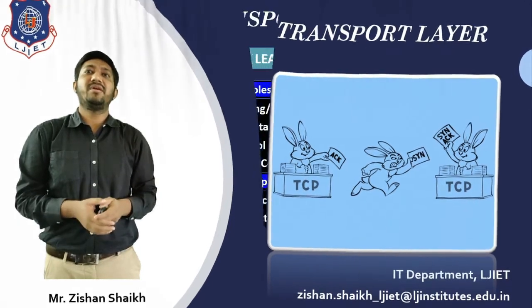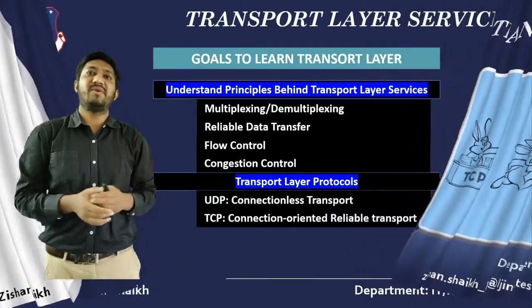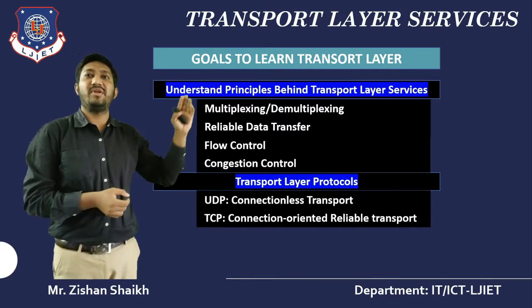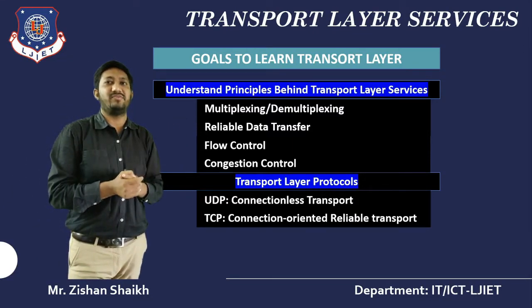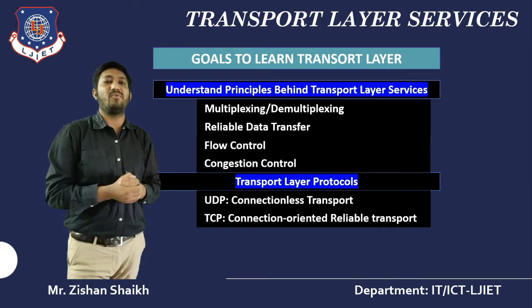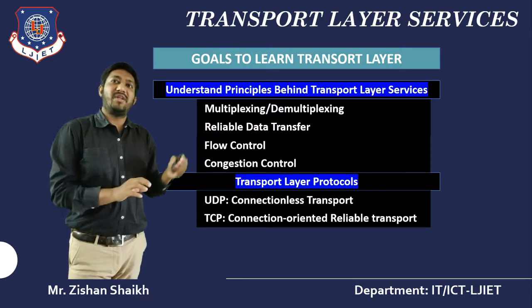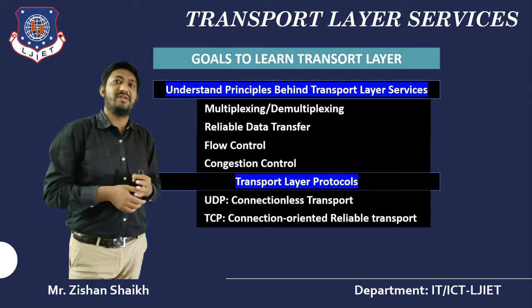So let's start with which particular transport layer services are provided and which particular data items are used in this unit. In this unit we first try to understand the basic principles behind the transport layer services. What services are provided by this layer? In that, the processes performed by the transport layer will be understood one by one.